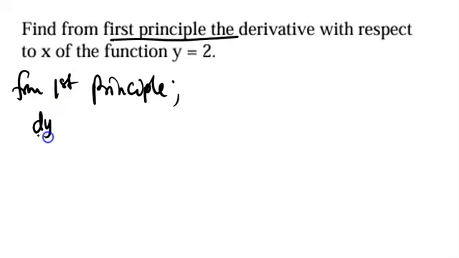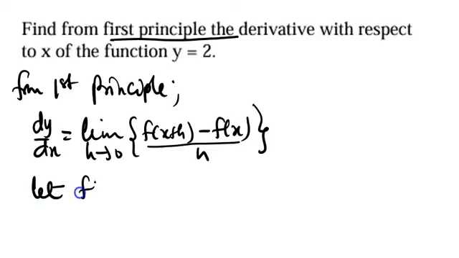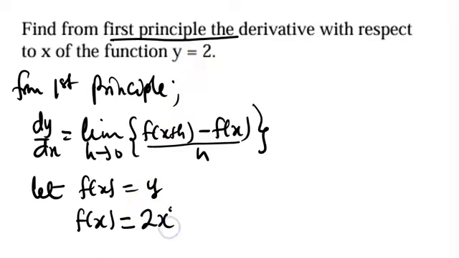So from first principle, the derivative dy/dx is equal to the limit as h tends to 0 of f of x plus h minus f of x over h. So first let f of x be equal to y. Because y is constant, we can write f of x as 2x raised to the power 0.